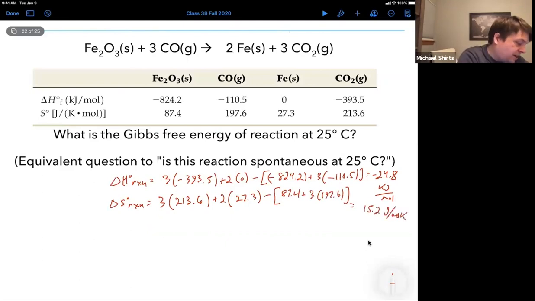Okay, so we can calculate our delta G of reaction, which is our delta H of reaction minus T delta S of reaction.